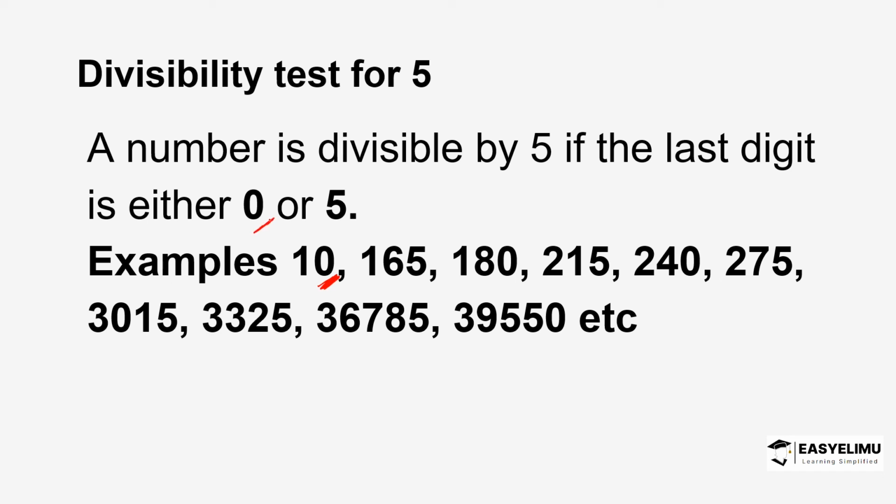So either the last digit should be a 0 or it can be a 5. So like 10 here is divisible by 5, and you can see the last digit is 0. The last digit is 5, 0, 5, 0. So all of them are divisible by 5.